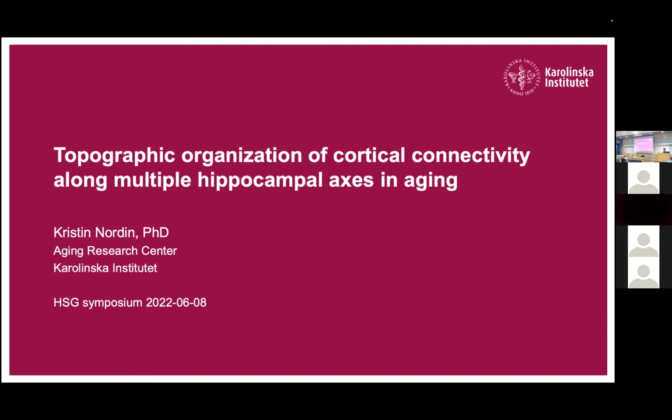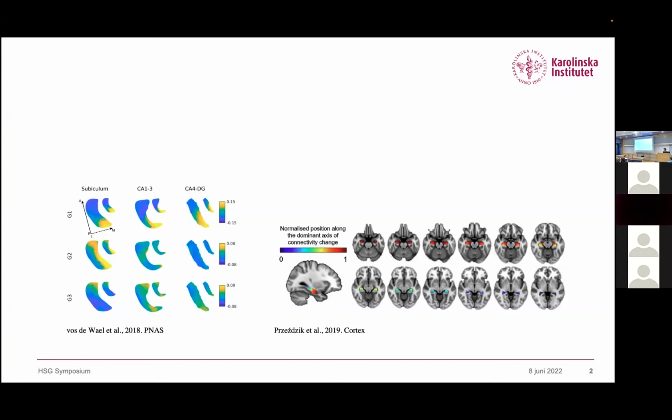This is a project in which we're looking at the organization of functional connectivity with the cortex within the hippocampus across the adult lifespan. And I want to start from a gradient mapping perspective. Gradient mapping methods to characterize regions' functional organization are becoming increasingly more common.